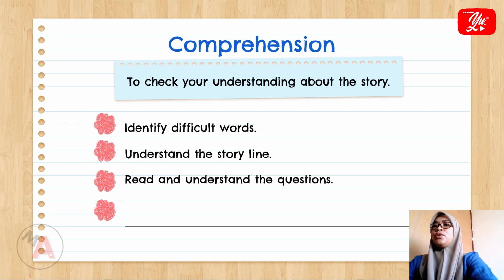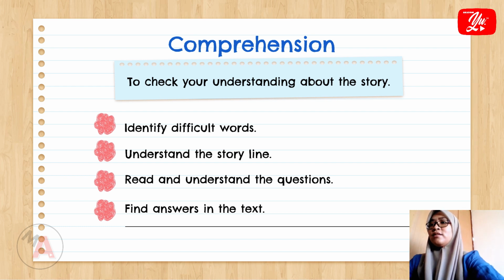Okay, so if you know each questions requires what kind of answers, perlukan jawapan yang macam mana, so kamu boleh jawab soalan. Okay, next one, find answers in the text. Okay, so normally kebiasaannya in each questions there will be keywords to the answers. Mesti ada jawapan, setiap soalan mesti ada jawapan. Okay, so try to find the answers in your text.